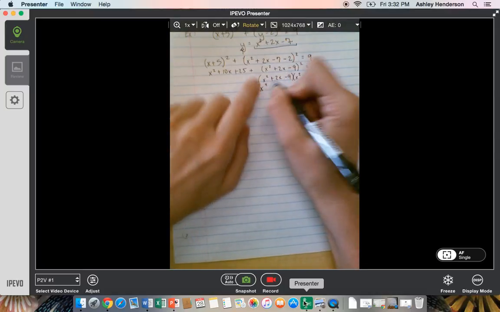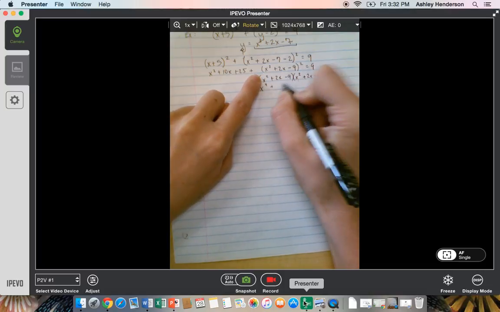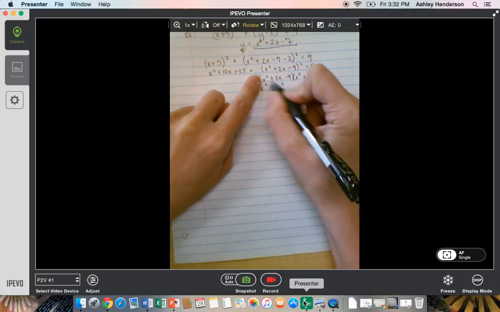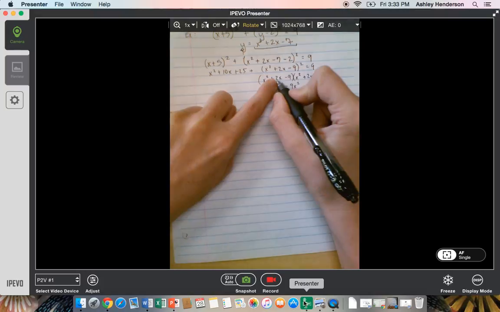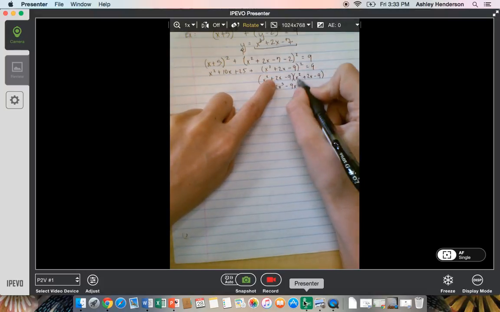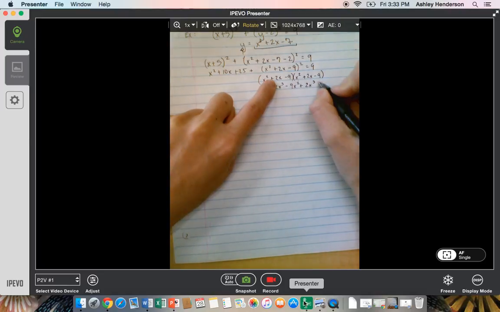That's always the worst. X squared times x squared is x to the 4th plus 2x cubed minus 9x squared. Now I'm going to take my second term and multiply it all the way through, extending my distribution. 2x cubed plus 4x squared minus 18x.